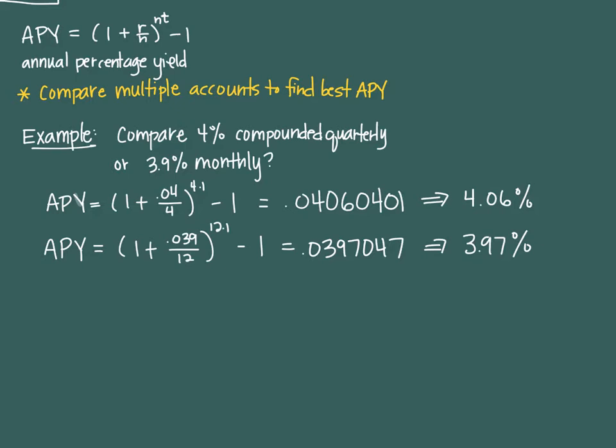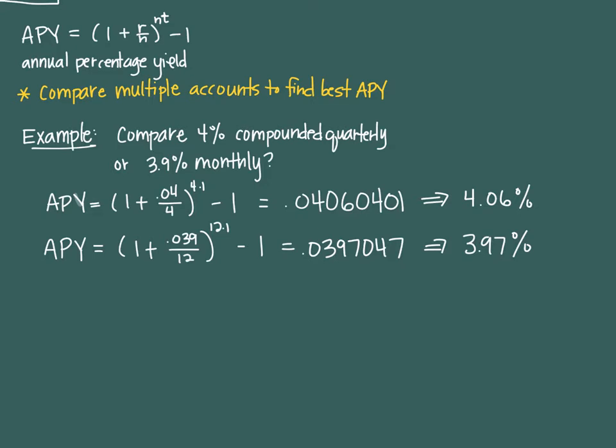So you have to decide. If I tell you, okay, this is an investment opportunity for you, then you want to choose the larger one because that's going to be beneficial to you. If I'm telling you you're borrowing for your first car, then you want to choose the lower one. So the APY helps you make a good choice of where you want to put your money or who you want to get your loan through, depending on the context of the situation. Okay, any questions on APY?